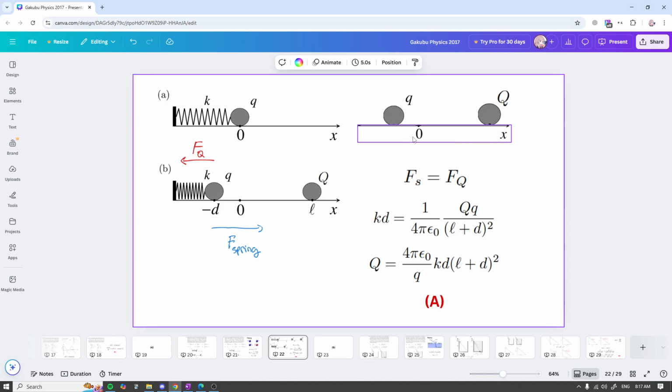What it means to be stable is that the force acting on the left, that is the force by big Q, is equal to the force exerted by the spring. So we can write the force by the spring is equal to the force by big Q.